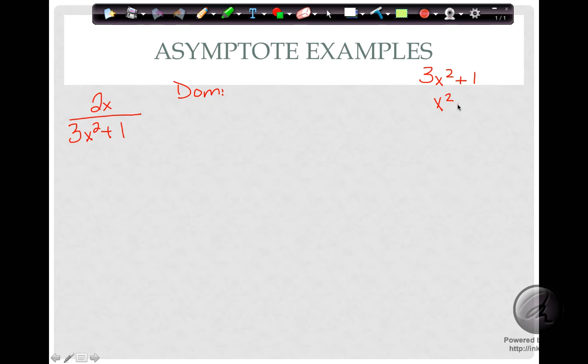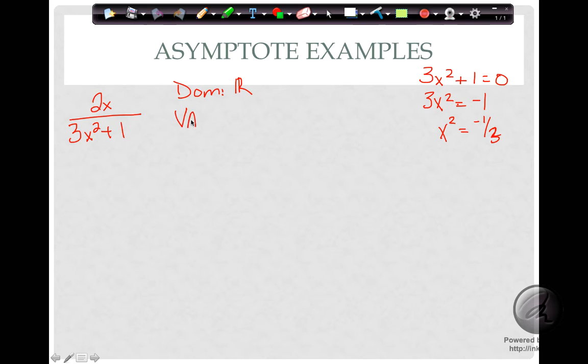Well, I set it equal to 0, subtract 1, and I get x squared equals negative 1/3, or sorry, 1/3... I can't square root negative numbers, so that means the domain is all real numbers.